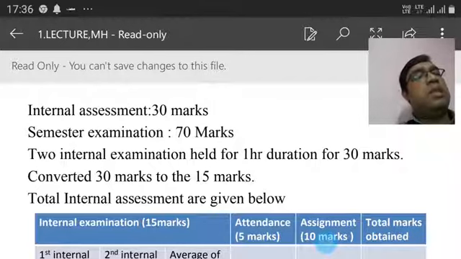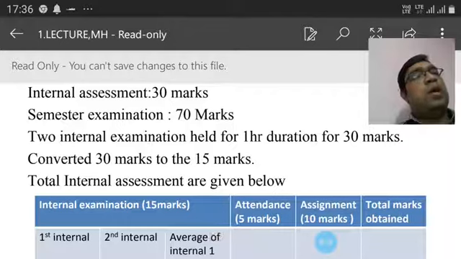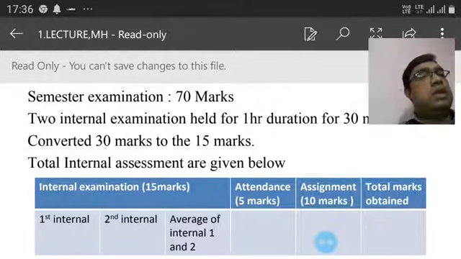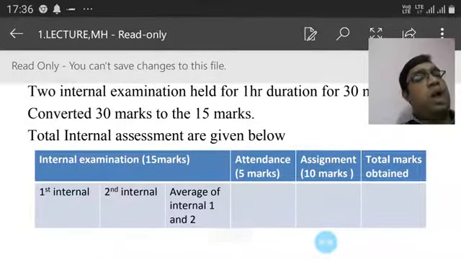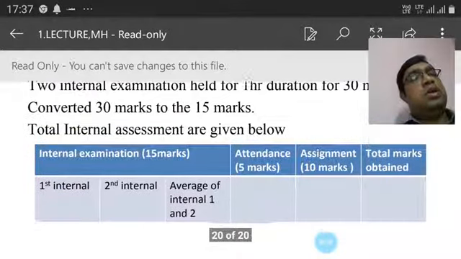These are converted to 15 marks, taking the average of the two internal examinations. Attendance is 5 marks and assignment is 10 marks. The total of the average of the two internal examinations, attendance, and assignments will be obtained out of 30 marks, and this is how we consider the assessment of the students.